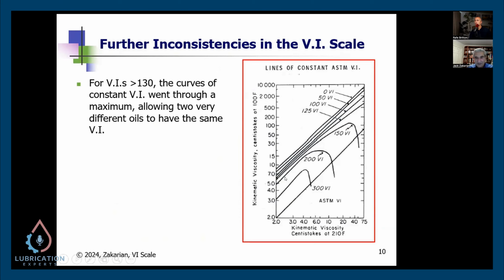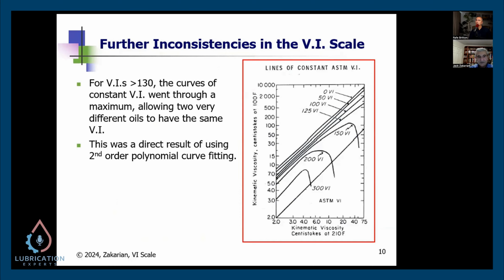So what that means is that you can have an oil of 200 VI and it can have this vis over here. It can also have that vis over there. So that's obviously a completely inconsistent situation.